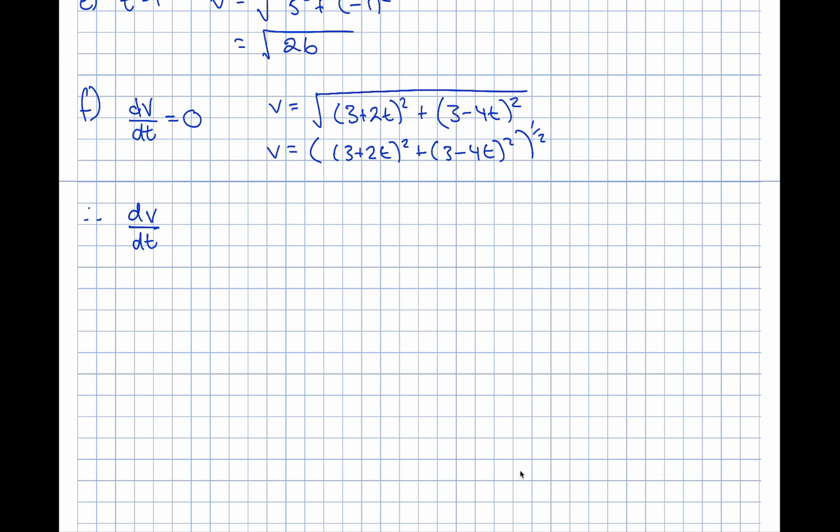We could leave it like that because we just have to use a chain rule lots of times to be able to do it. I don't know, maybe we'll expand it out just to make it easier to see.